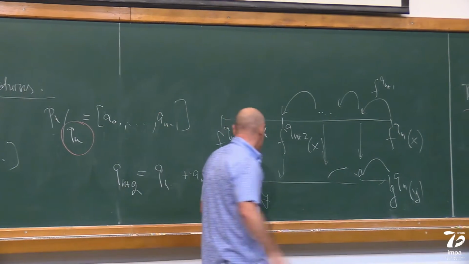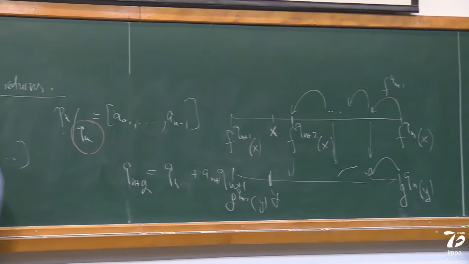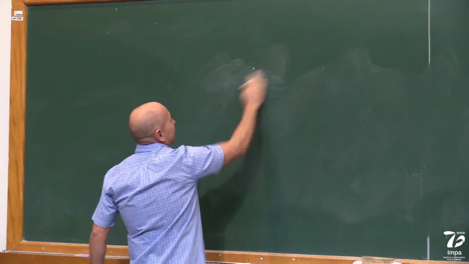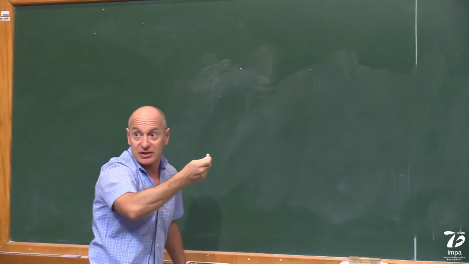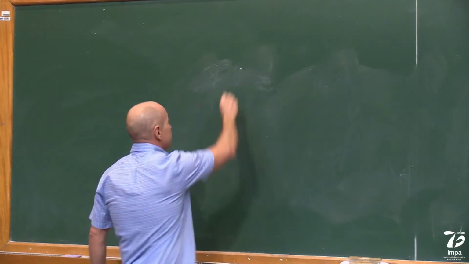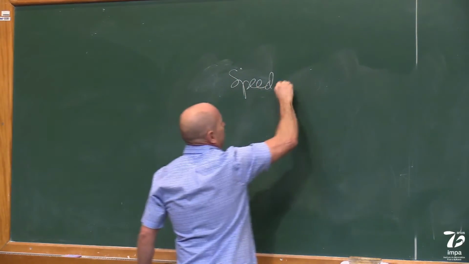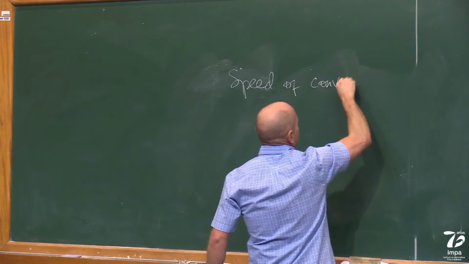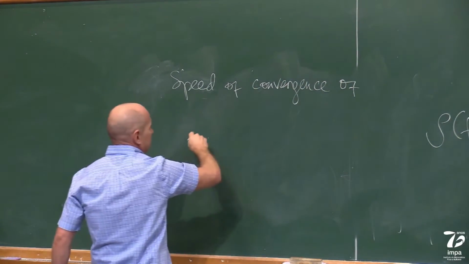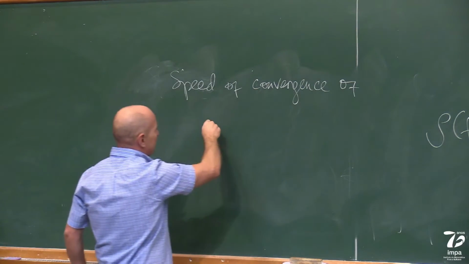So here's a meta theorem. Speed, well, first of all, convergence. You need renormalizations to somehow converge together. So speed of convergence of, well, let me write it like this.